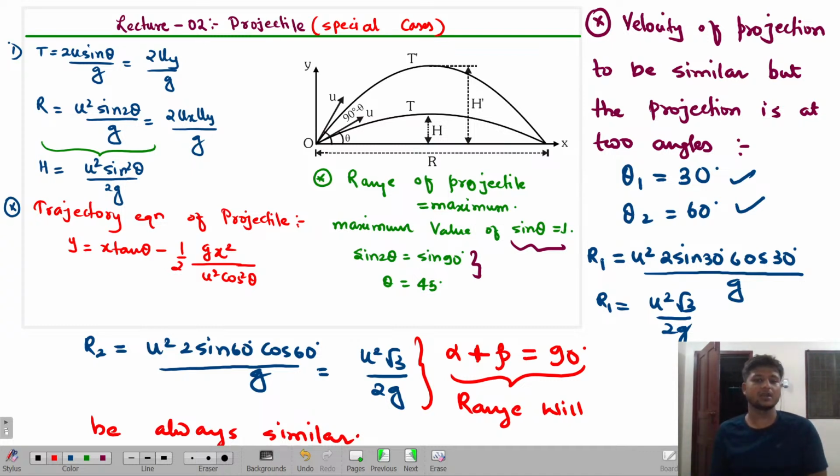What will be the condition? Range will always be the same. So let's suppose if I project one particle with theta, the other angle will be what? 90 minus theta. Look over there, their heights are different, times of flight are different, but what is the same for them? Range is the same, and this is called complementary angle calculation. Are you able to get me or not?